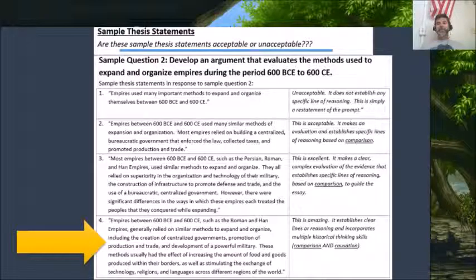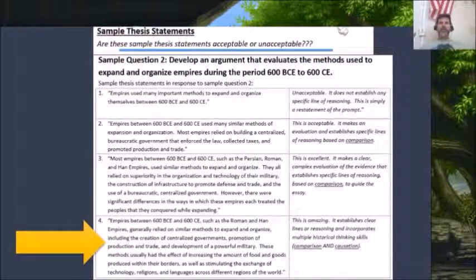It establishes clear lines of reasoning, and incorporates multiple historical thinking skills. So this actually starts with comparison, and then the person writing this thought, well, you know what, based on all of these methods that these empires are using, that actually led to these other effects happening of more exchange, more production, more religions and languages spreading across different regions of the world.